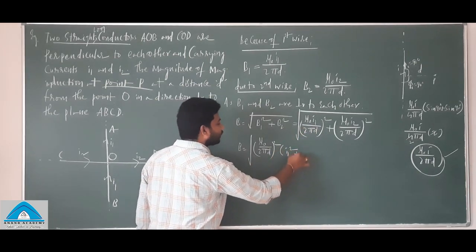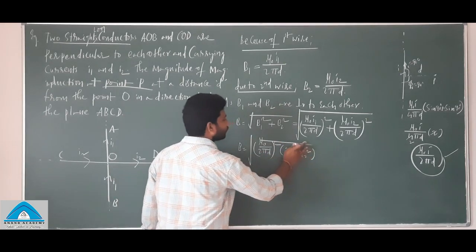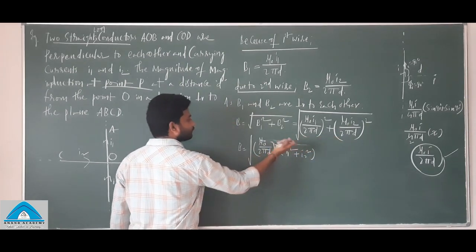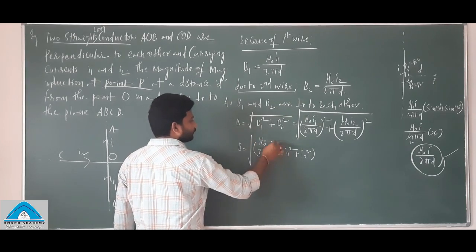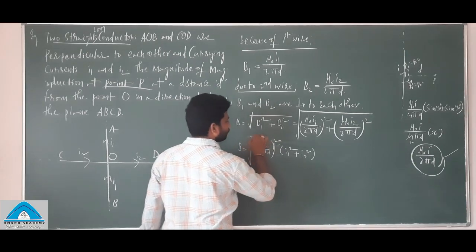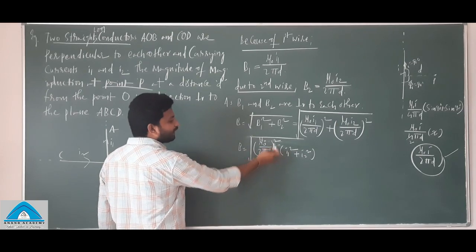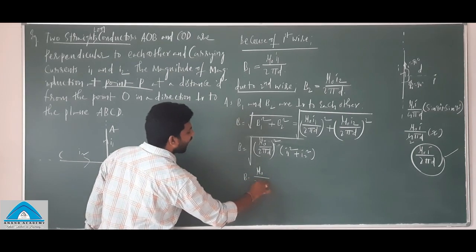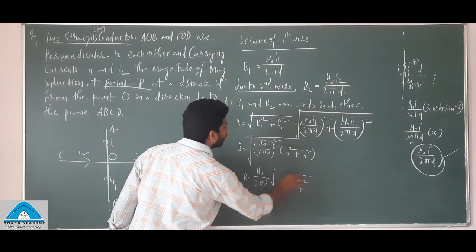It's I1 square plus I2 square. Okay, so now mu naught by 2 pi d whole square will come out of the root, so that will be just mu naught by 2 pi d square root I1 square plus I2 square.